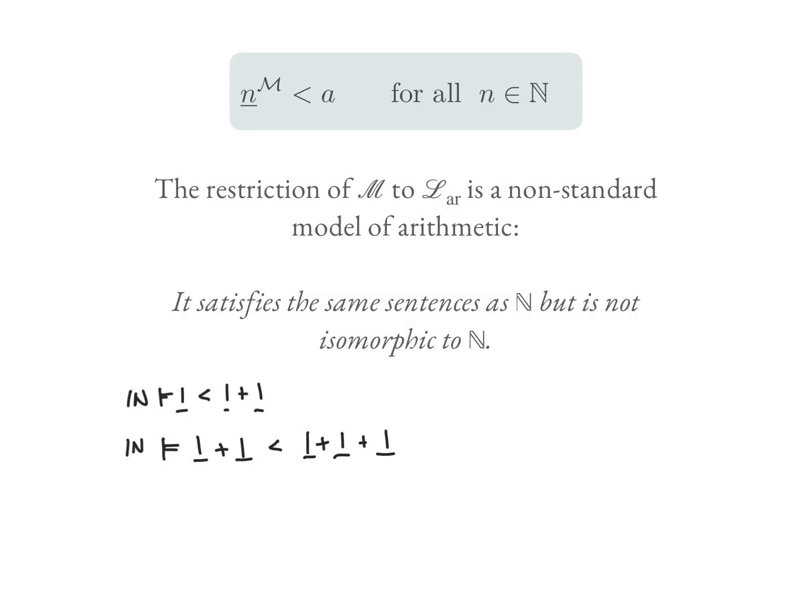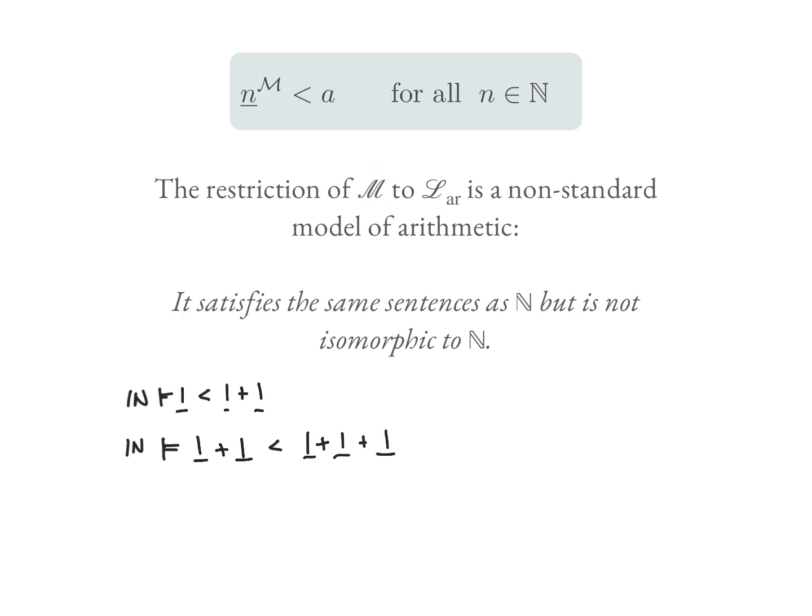For example, in ℕ it's true that 1 is less than 1 plus 1, or that 1 plus 1 is less than 1 plus 1 plus 1. So all of these properties have to be true for the interpretation of those constant terms in our model M too.